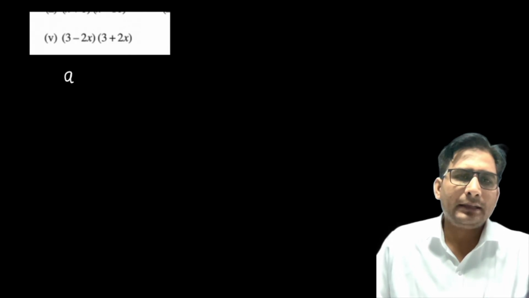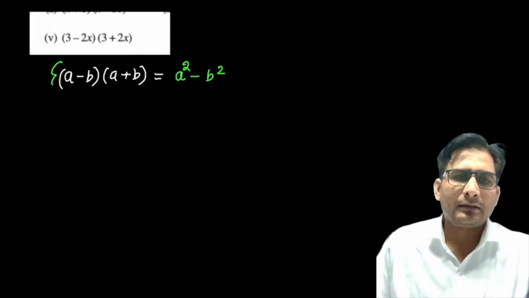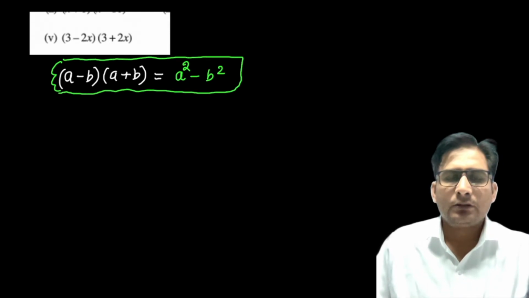So what is the identity we have? The identity is (a minus b)(a plus b), it can be written as a square minus b square.